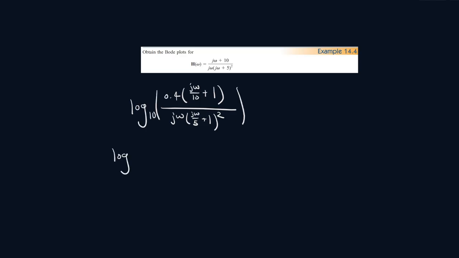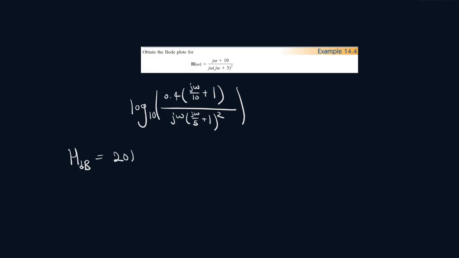So it'll be log, and this is going to give you your H dB, or your magnitude. So log 0.4 plus log jω over 10. Sorry, it's minus 20. Wait, my bad.